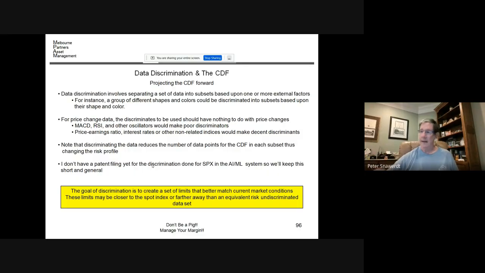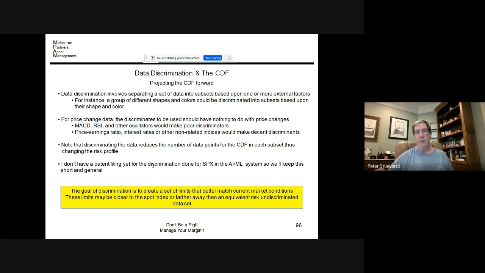Let me give you a great example. Every stock has an average price earnings ratio. You can compute it: what is the price relative to its earnings over time? You can figure out what the average of that is.